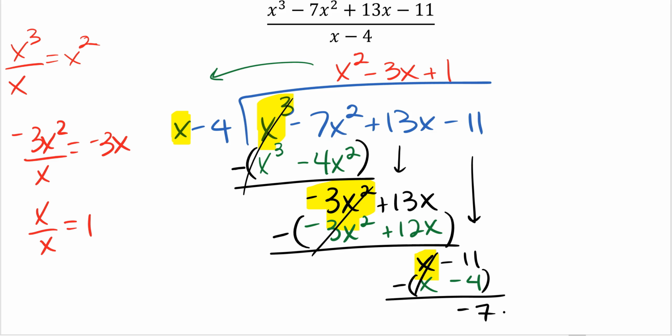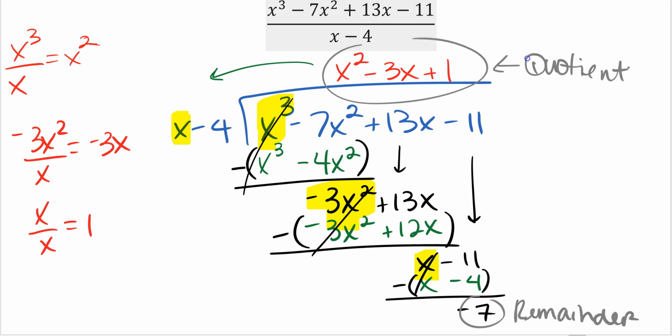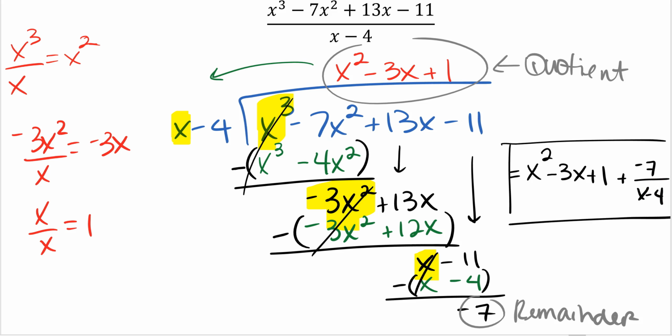So this is my remainder, and then this is my quotient. And if I wanted to write the answer out, the answer would be x squared minus 3x plus 1 plus the remainder divided by the divisor.